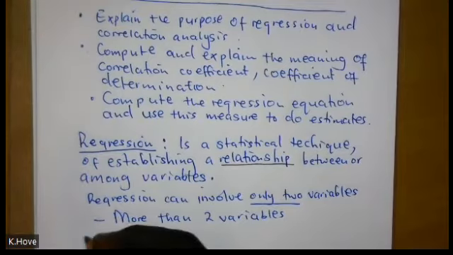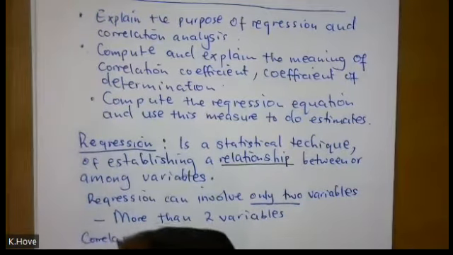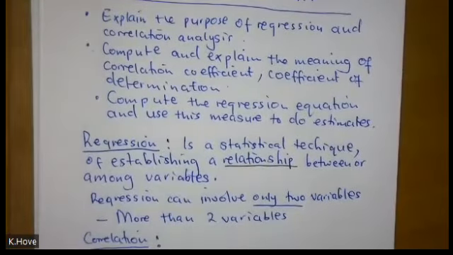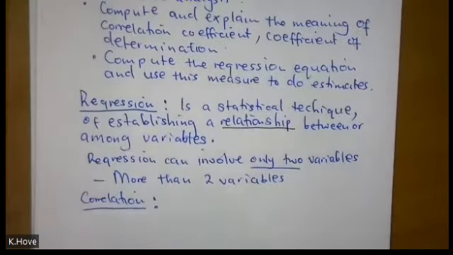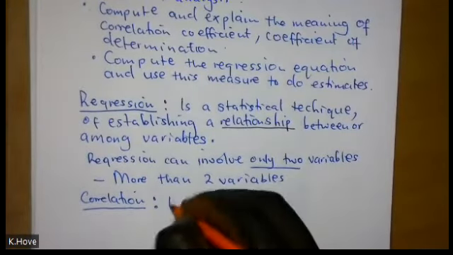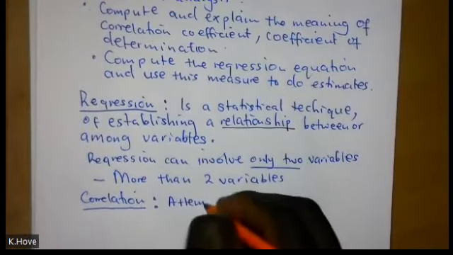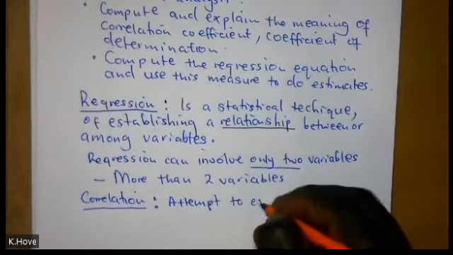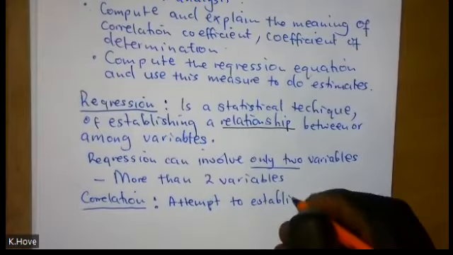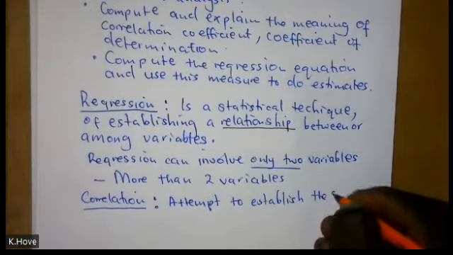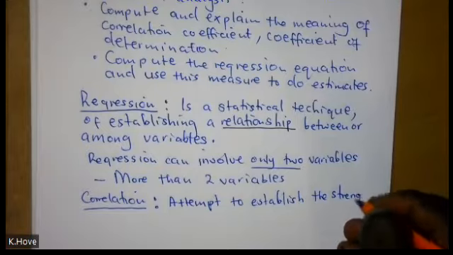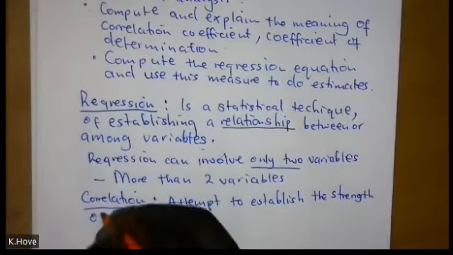Now, what is correlation? This is very, very important, because here we need to get a clear picture of the differences between regression and correlation. So with correlation, we attempt to establish the strength of the relationship.